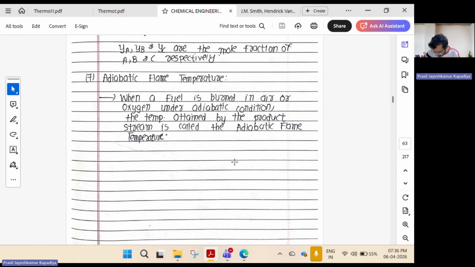CO2 dissociates into CO and O2 at high temperatures to form an equilibrium mixture of CO, CO2, and O2, and there are always energy losses from the combustion chamber. We also add inerts in some kinds of reactions. So the adiabatic flame temperature is the temperature attained when the fuel is burned in air or oxygen under adiabatic conditions.